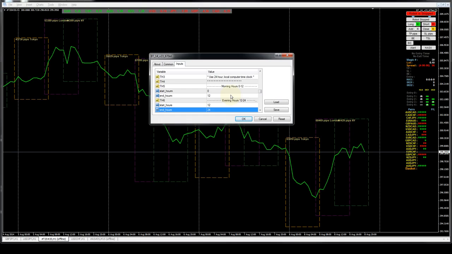So what I would do is put like 1 in here, and I'd put 9 in here, and that would get me, because I'm on Central Standard Time, 1 hour before London opens, and it would run for approximately 8 hours. I'd have a window of opportunity to trade.